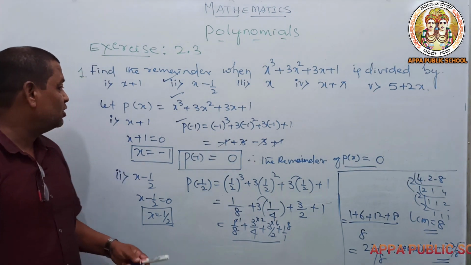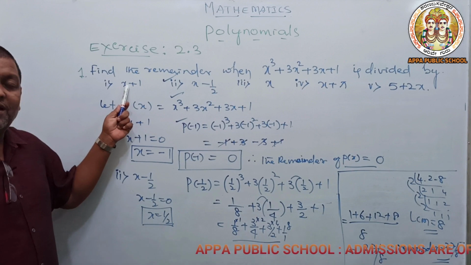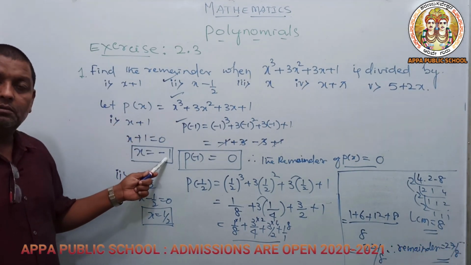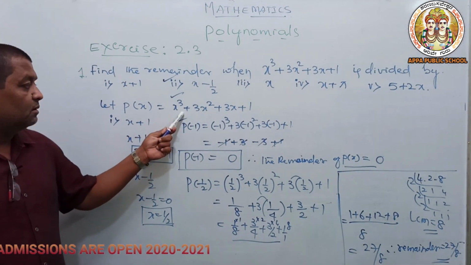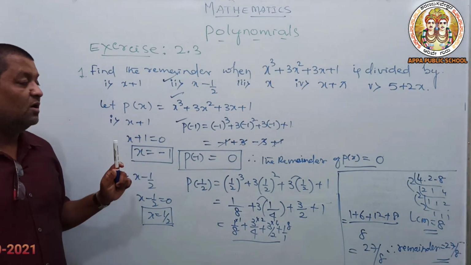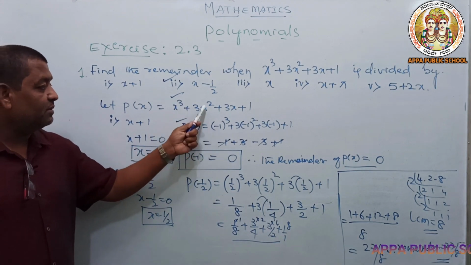How? Let me tell you one more time. Equate this to 0, find the value of x. I got x is equal to minus 1. After that, take the polynomial and substitute the x value. What is x? Minus 1. I am replacing x by minus 1.